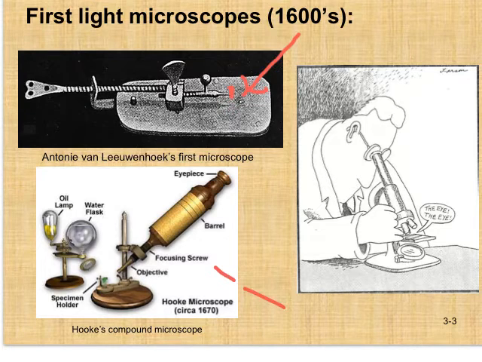Later we got even more complex, so that now we have microscopes with multiple magnifying objectives, like we'll use in class. And you can see here that the organisms that we work with have also gotten very smart and know that they're in trouble when they see a giant eye looking at them. I like that comic.